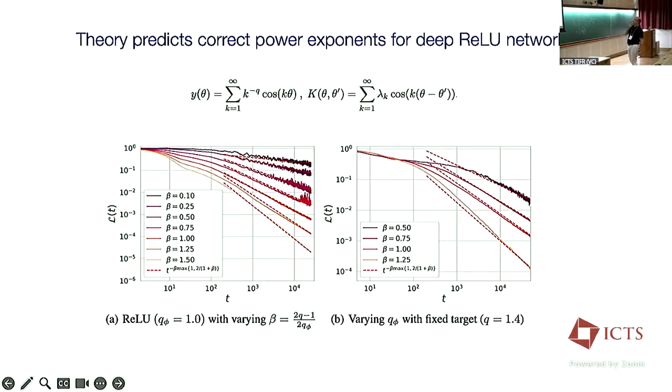The way we control the hardness or the easiness of the task is by changing the power here. These solid lines are again simulations of a deep ReLU network. I forgot how many layers this was.